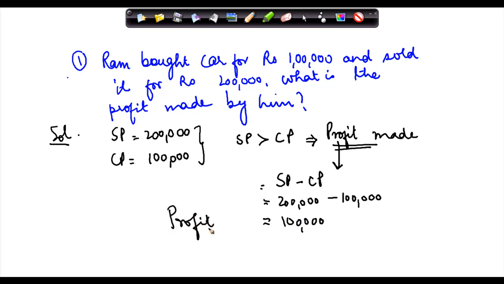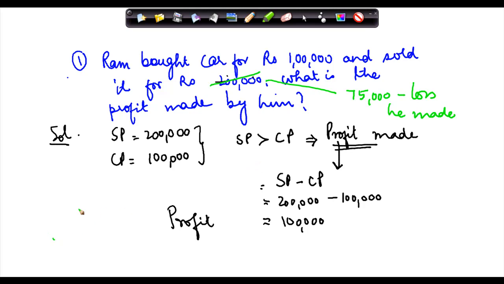So this is the profit I made. Now if instead of 200,000 I was told that he sold the car for 75,000, and I'm asked to compute the loss he made.